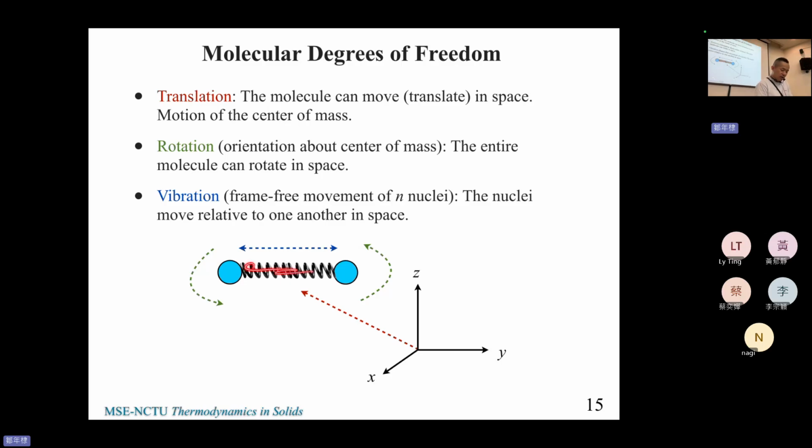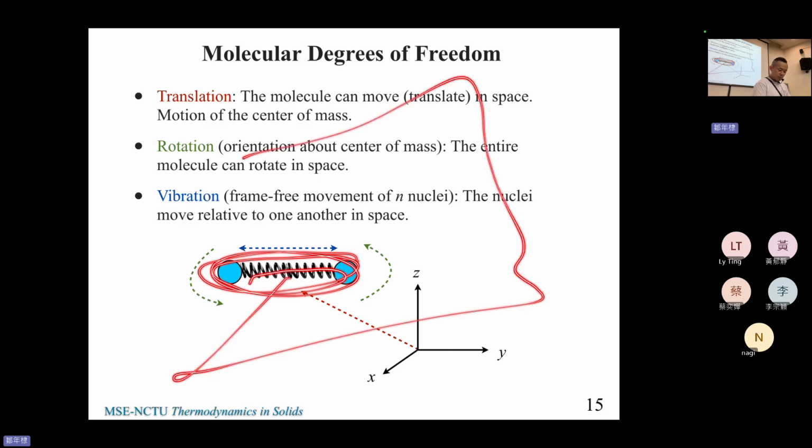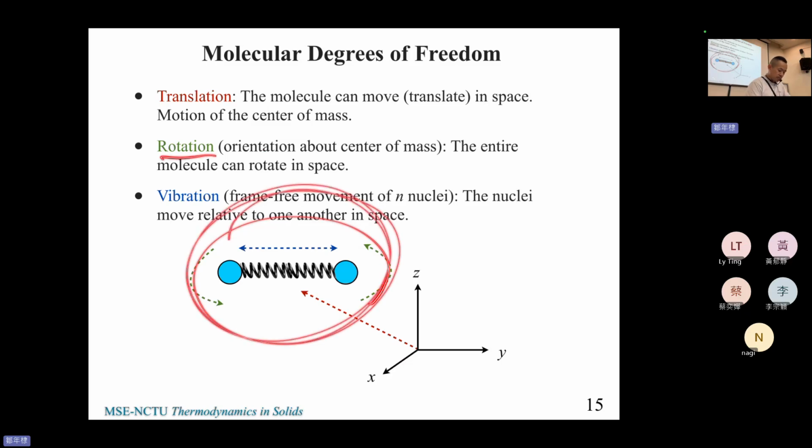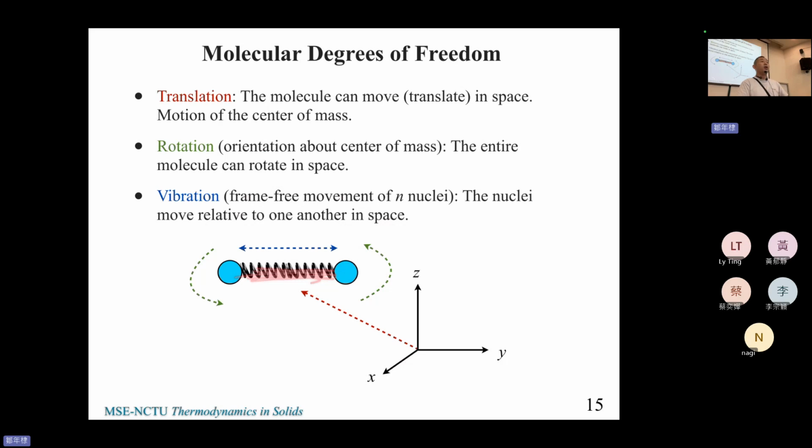This molecule can move in XYZ space, which is called translation. Or it can rotate, or vibrate. So these 3 types of degrees of freedom define the motion of molecules.